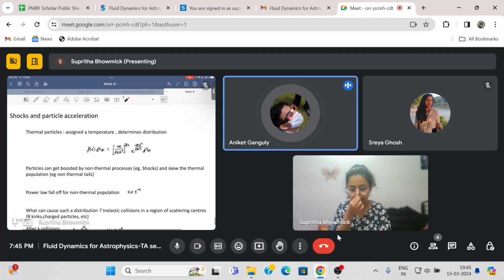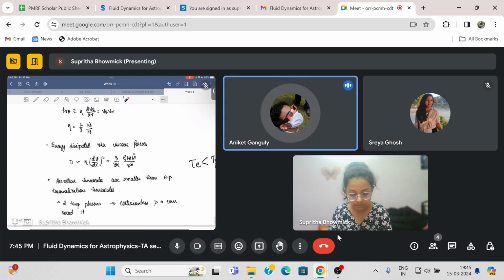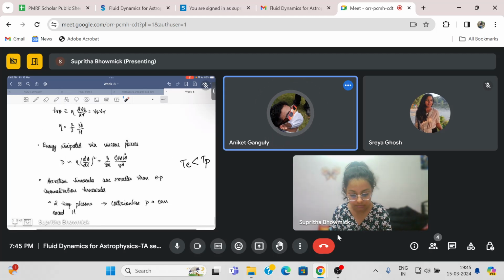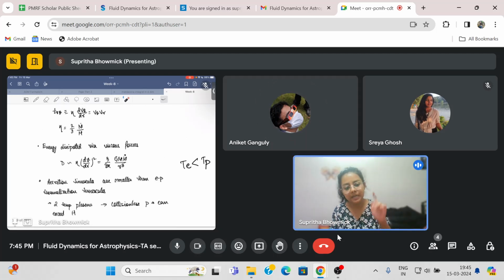Actually, what is the physical implication of a plasma being two temperature? Because a body cannot have two temperatures at the same time. No, so the plasma has two components. That's why you call it a plasma with two components. The electrons have some temperature Te, they have thermalized. The protons have also thermalized to a temperature Tp.